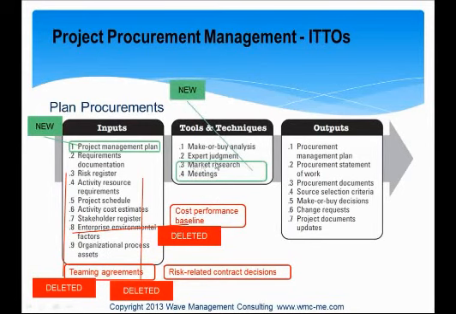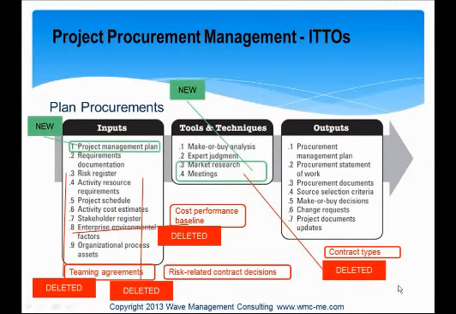In the tools and techniques, they added two items: market research and meetings. And they deleted the contract types from the tools and techniques. In the outputs, they did some shuffling or reordering, and they introduced a new item there called project documents updates.